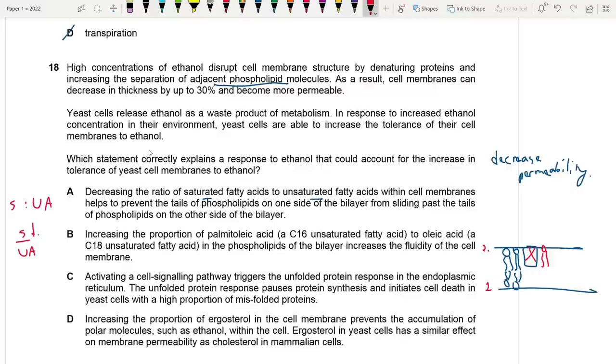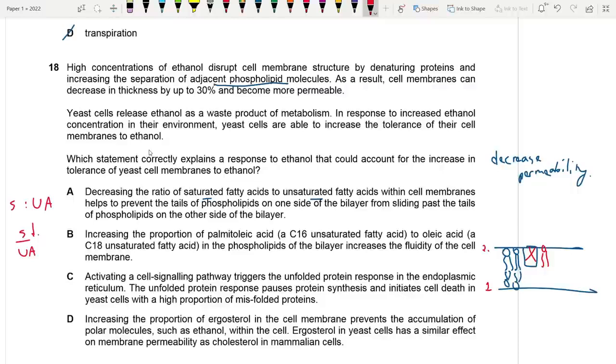And ultimately, in all of these, we actually increase fluidity, right? At the beginning, I was saying that we need to decrease it to increase our tolerance. But tolerance actually means before ethanol even comes in, right? Or after it comes in, what measures can we take to prevent this denaturation?